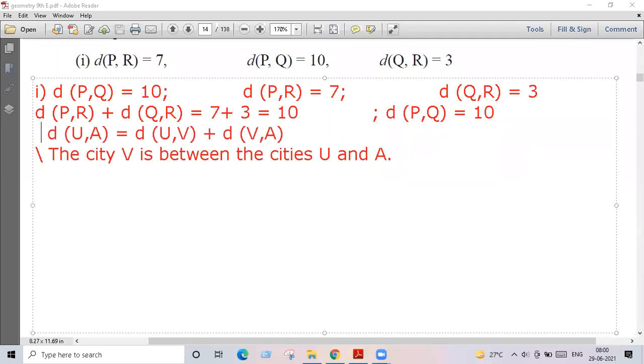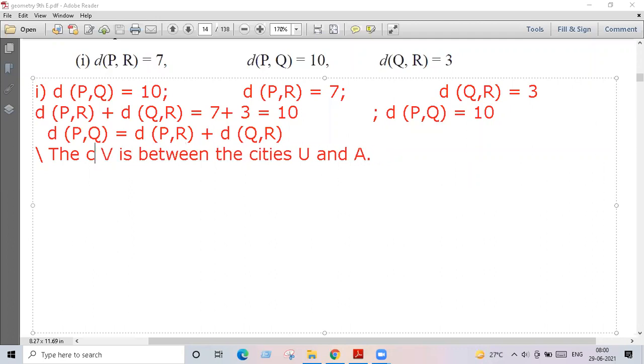Yes. Therefore, distance PQ is equal to distance PR plus distance QR. Right or not? Getting it? Therefore, what can you say, guys? The point, not the city, it's a point.